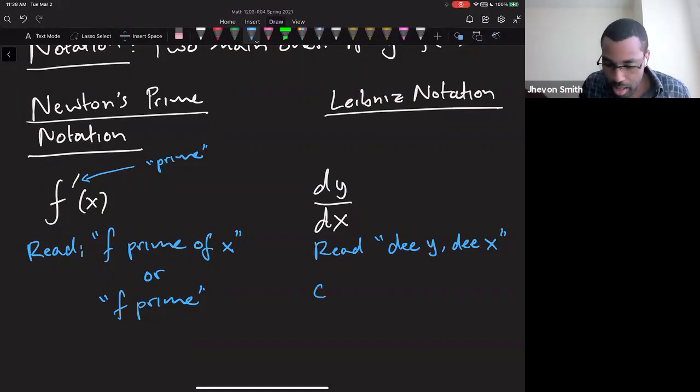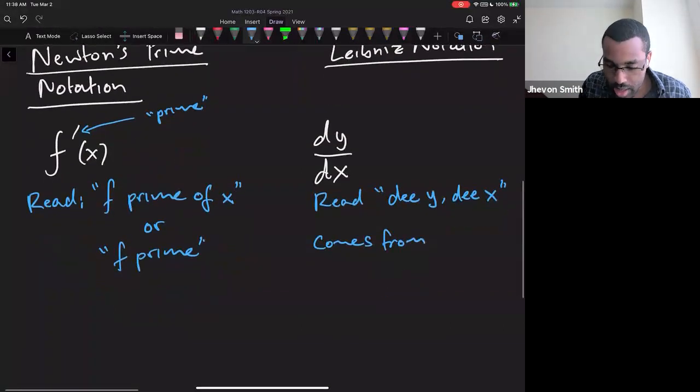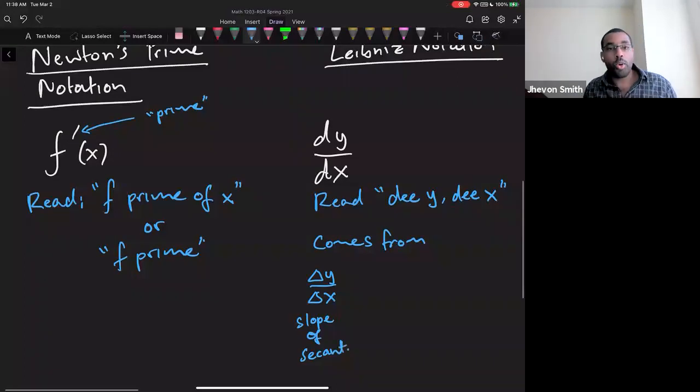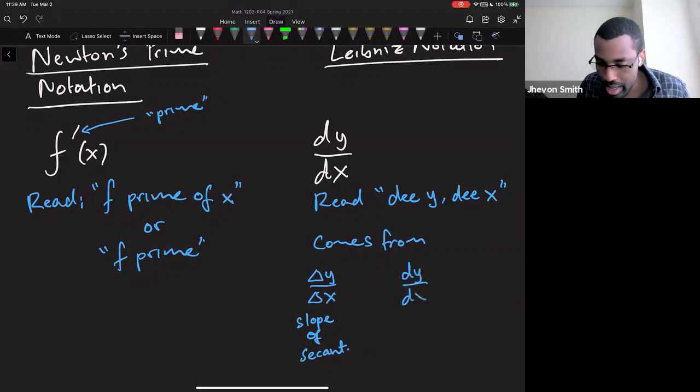And basically, it comes from the fact that delta y over delta x was the slope of the secant, right? Of course, delta is a Greek letter, and all he did was just change the letter to the English alphabet, and so he called it dy dx. This is the slope of the tangent.